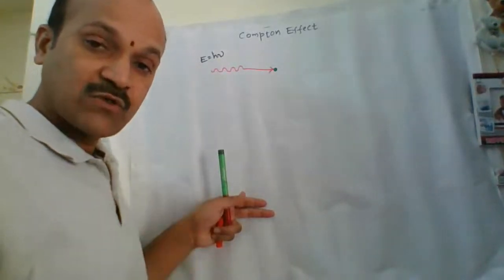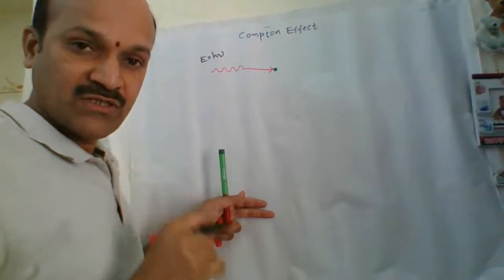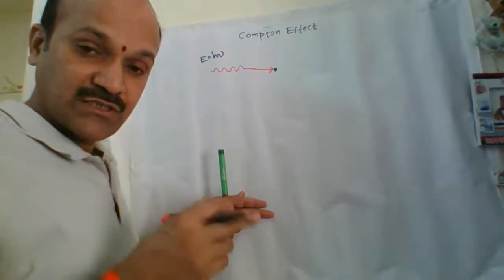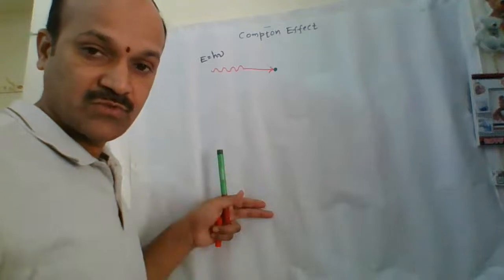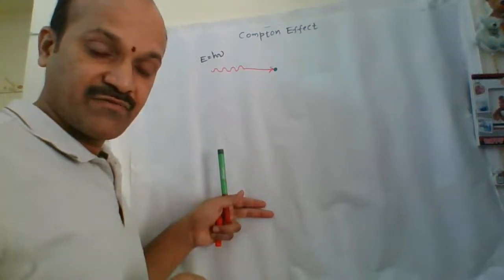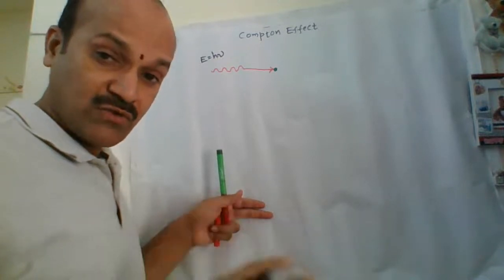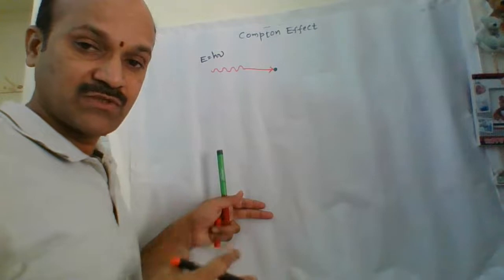Remember, this collision is elastic in nature. What is an elastic collision? It is a collision in which conservation of momentum and conservation of kinetic energy both take place. Both laws are obeyed in this collision, that is, there is no loss of energy.